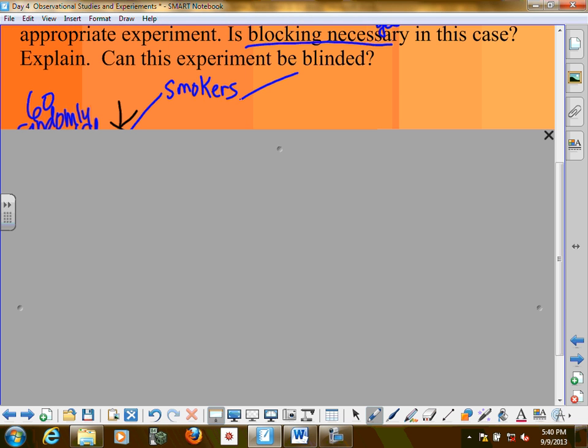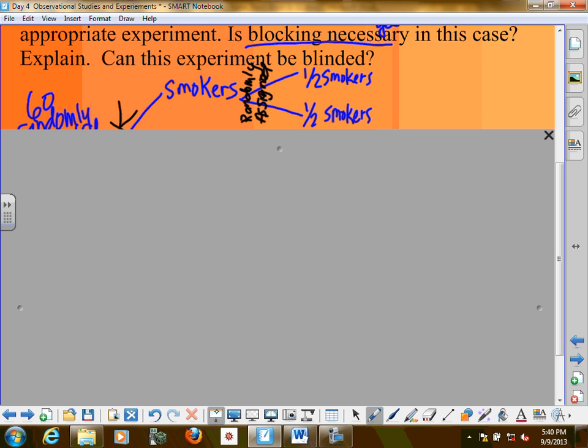We're going to split it into half of the smokers, half of the smokers. Okay, and what have I done to get them into those groups? I randomly assigned them. Big bag, shake well, yada, yada, yada.